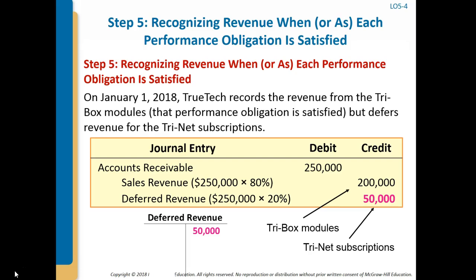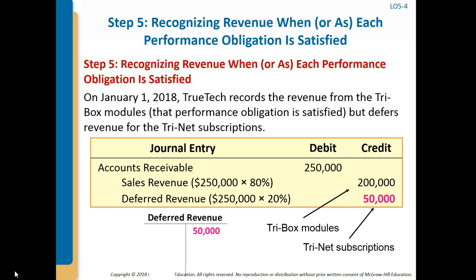We determine the timing of revenue recognition for each performance obligation individually. The $200,000 of revenue associated with the TriBox modules is recognized when those modules are delivered to comp stores on January 1st. But the $50,000 of revenue associated with the TriNet subscriptions is recognized over the one-year subscription term.